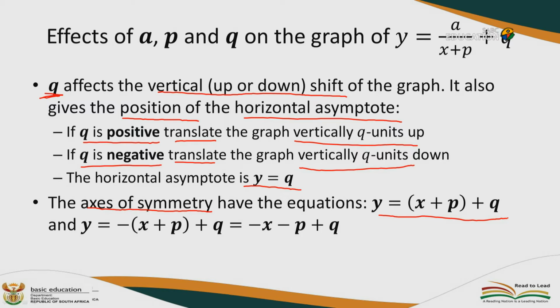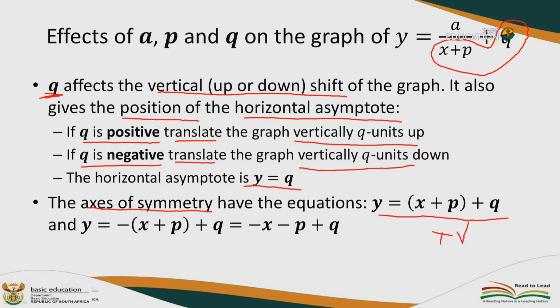We get it from that part of the equation. So if you just look at that part of the equation, you can get the equation of the axis of symmetry. So if you are given an equation, you can just take your denominator, you put it in bracket, you add your q, and that will give you an equation. This will be the equation of the axis of symmetry with the positive gradient.